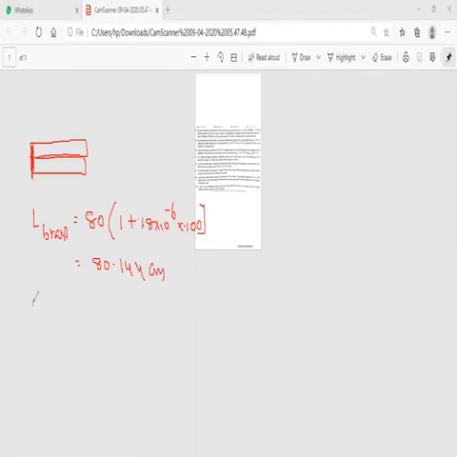The same calculation for lead: final length is initial length into 1 plus alpha for lead, given as 28 into 10 power minus 6, into delta T, that is 100. Finally it will be 80 into this value, which gives 80.224 centimeters.